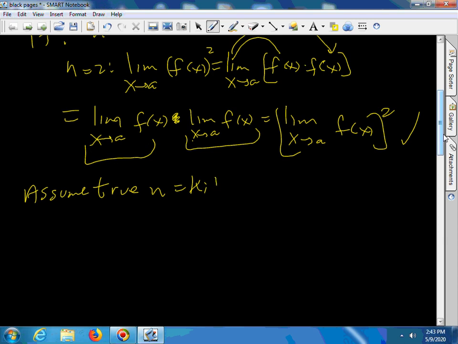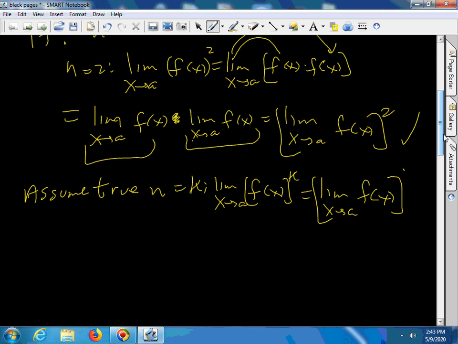That is, the limit as x goes to a of f of x to the kth power is equal to the limit as x goes to a of f of x, and raise that answer to the kth power.